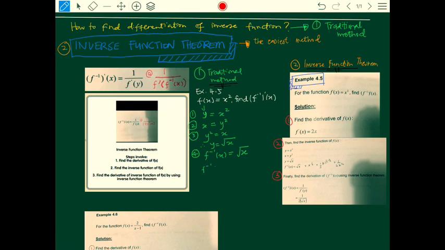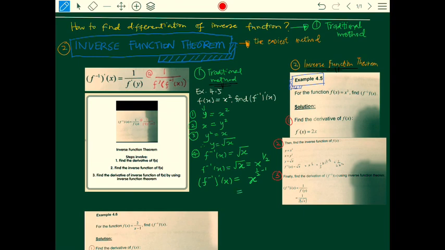So f inverse of x equals square root of x, which equals x to the power of half. When we differentiate it, it becomes x, and for the power of half, we need to minus 1.